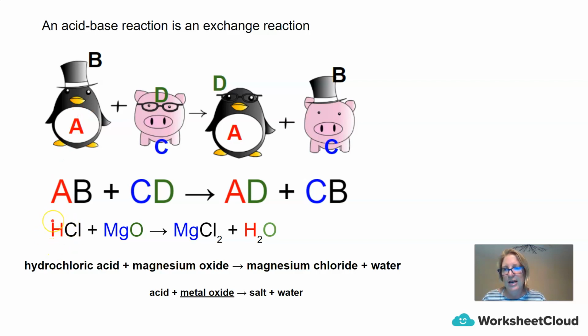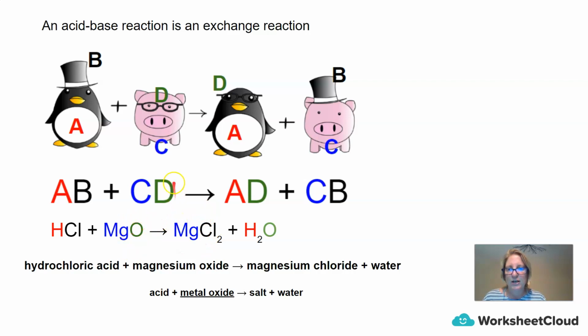So the H lands up being converted into water as a product. The chlorine in hydrochloric acid lands up being exchanged and makes a salt in magnesium chloride. The magnesium, that is the metal, in this case the pig, lands up going to make the salt.